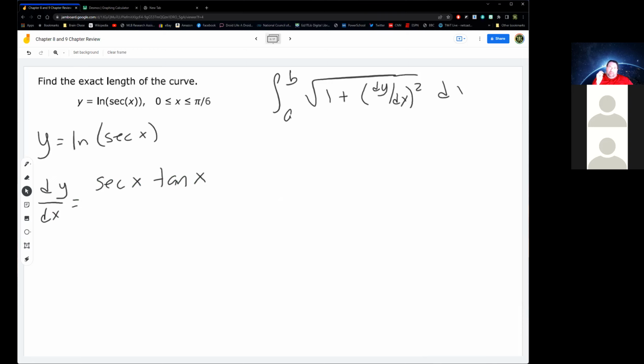Got it. And then the derivative of ln of x is just 1 over that, right? So it's going to be 1 over secant of x. So my derivative actually ends up being just tan x.